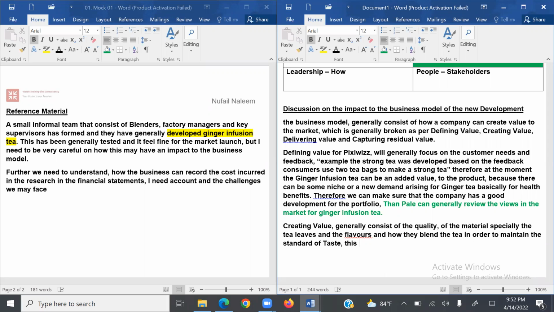This is very much challenging, since the creation is the product. Therefore, there needs to be proper production process management.